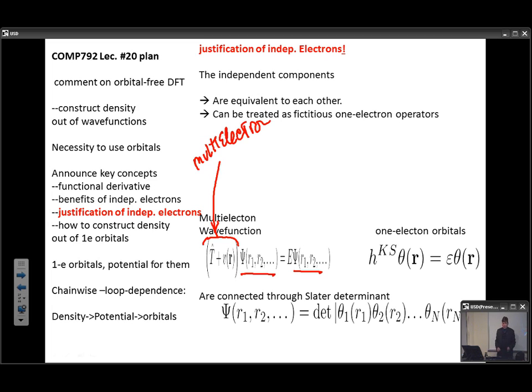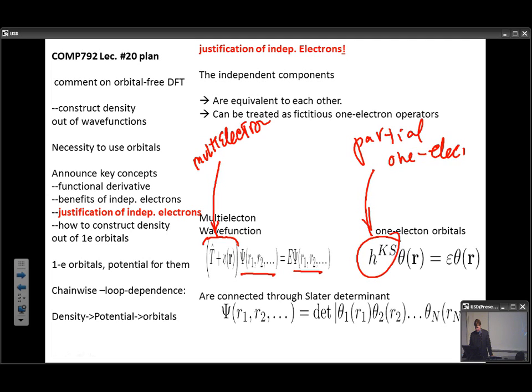On the other side, we have one-electron partial operators. They can create a set of one-electron orbitals. Since this is not real and it is not determined for a specific molecule, it is an auxiliary construction by Kohn-Sham, so they should keep responsibility for their design. Therefore, those orbitals are referred to as Kohn-Sham orbitals.